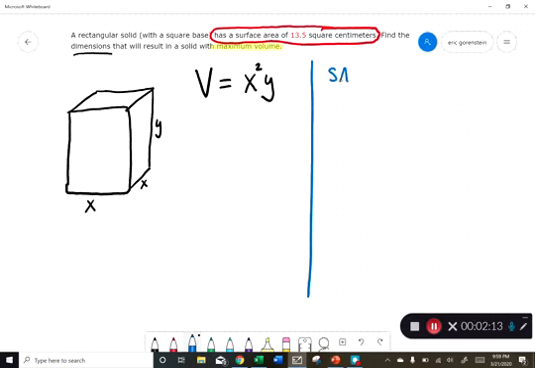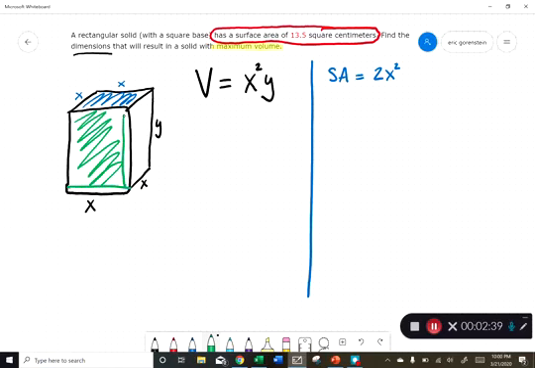Surface area equals, well, let's see. We have the top, and that's x by x, so the area of the top is x squared, and same thing with the bottom is x squared. So we have 2x squared, that's the top and the bottom, and then we've got the four vertical sides, and that is x by y, so there are 4 of those, so 4xy.